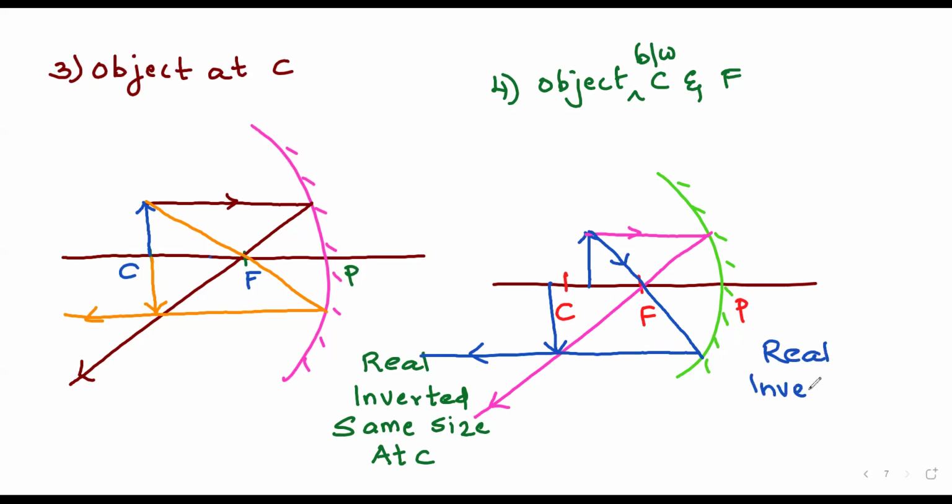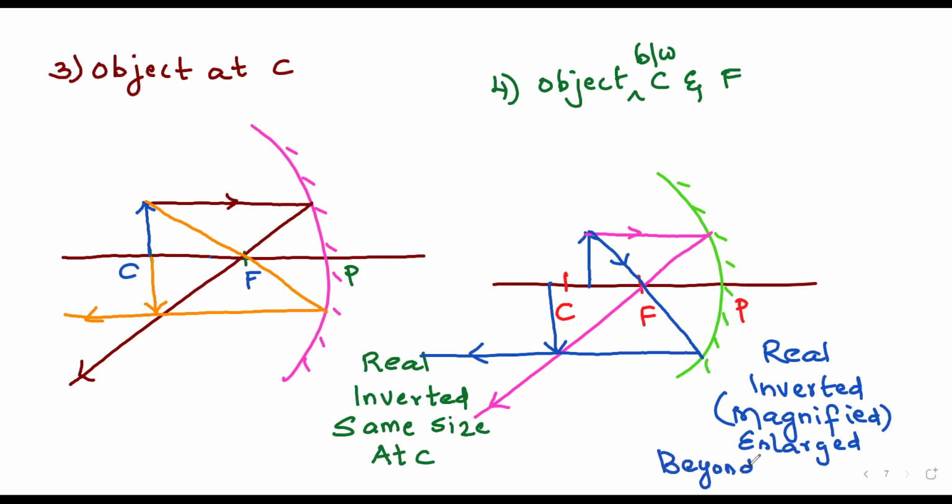Real images are inverted. It is magnified, a little magnified, enlarged. Magnified means enlarged, because it is bigger than the object. And where did you get it, children? Beyond C. So these are the 4 image formations where we are taking the rays parallel, focus, focus, parallel.